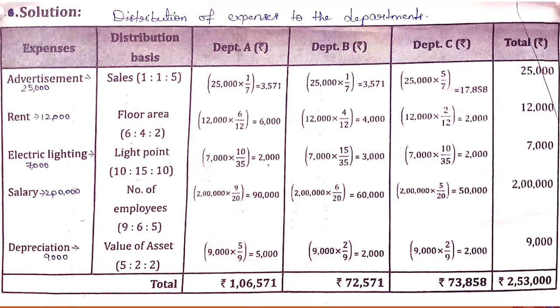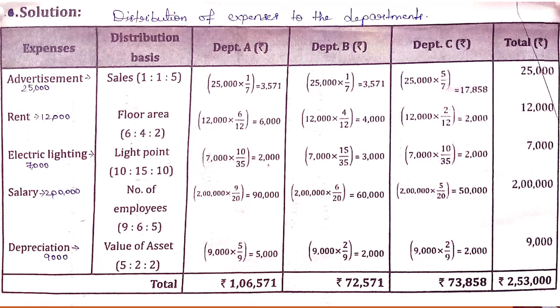So advertisement on sales basis, rent on area basis, electric charges on light points basis, salary on number of employees basis, and depreciation on value of asset basis. Already we have calculated the ratios for each basis.